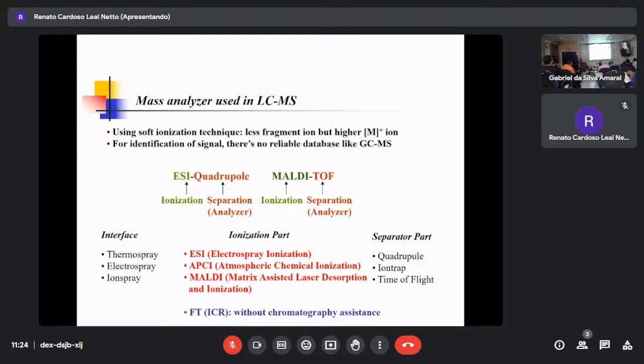Now his mass spectrometer in his lab, he has a Q-TOF. But usually nowadays, in LCMS, we are using ESI, almost 99%. In GCMS, we are using EI. So that's why for the ionization method, we take out the name. Q-TOF means they are using two analyzers, the quadrupole and the TOF.